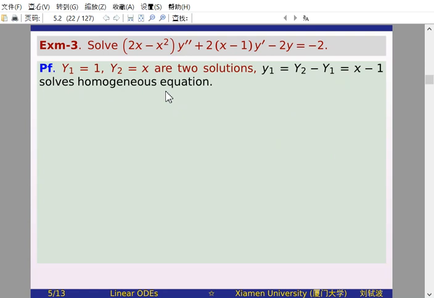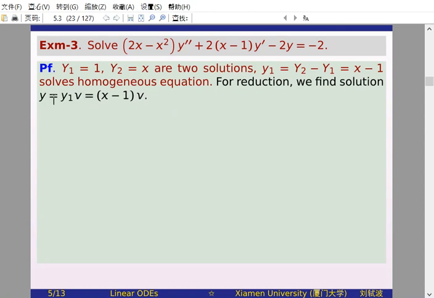to apply the reduction of order, we want to find a solution of this form: the known solution of the homogeneous equation multiplied by some v. We introduce a new unknown function v, whose relation with our unknown function y is this. So y equals x minus 1 times v.